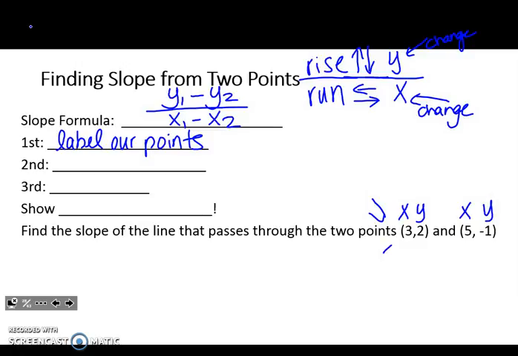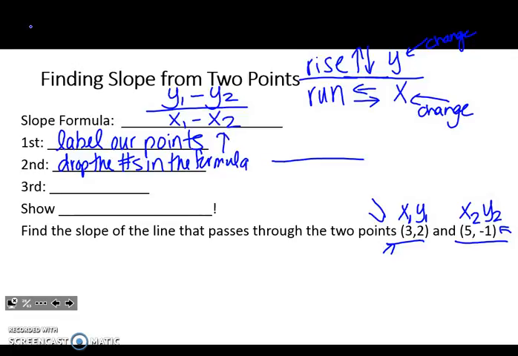And then since this is our first set of ordered pairs, they get a 1. That means this set over here get the 2's. So this is my first ordered pair, and this is my second. Then all we have to do is drop the numbers in the formula that we wrote up above.